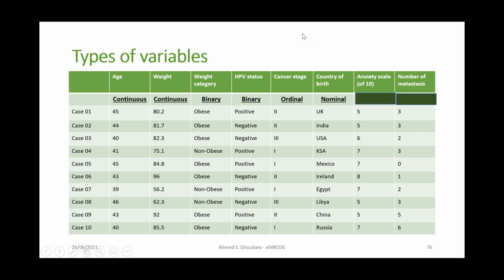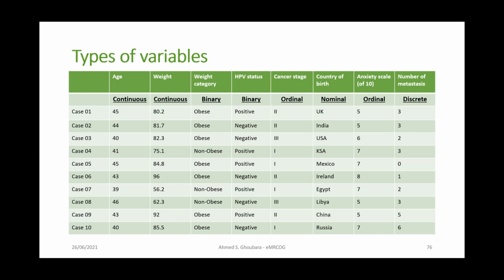Anxiety scale, ordinal. Don't forget, scoring system, cancer stage, any scale you know in your life would be ordinal. Number of metastases, number, discrete. Perfect. You actually aced it today, guys.